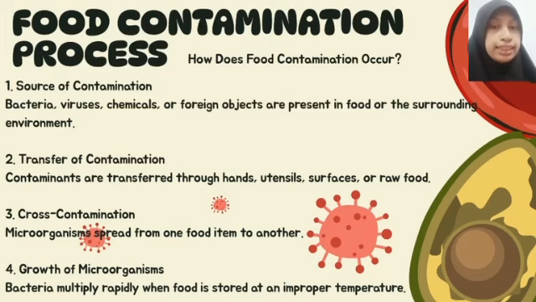So the contamination starts at that surface, the board. So that's why it makes food contamination. Understanding how food contamination occurs helps us to identify the cause of unsafe food and reduce the risk of foodborne illness.